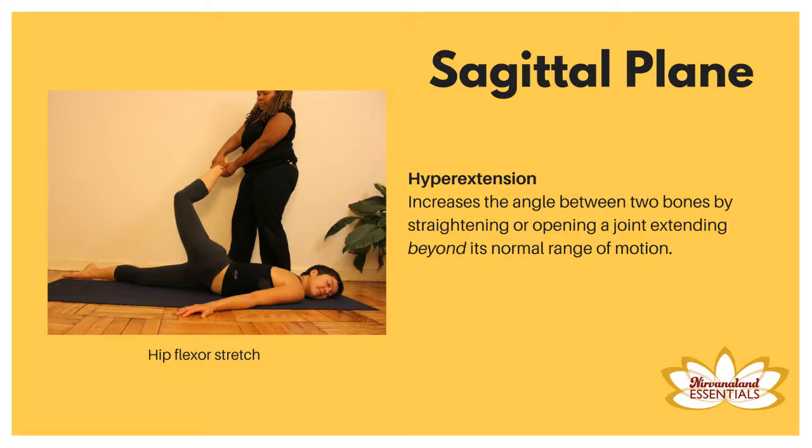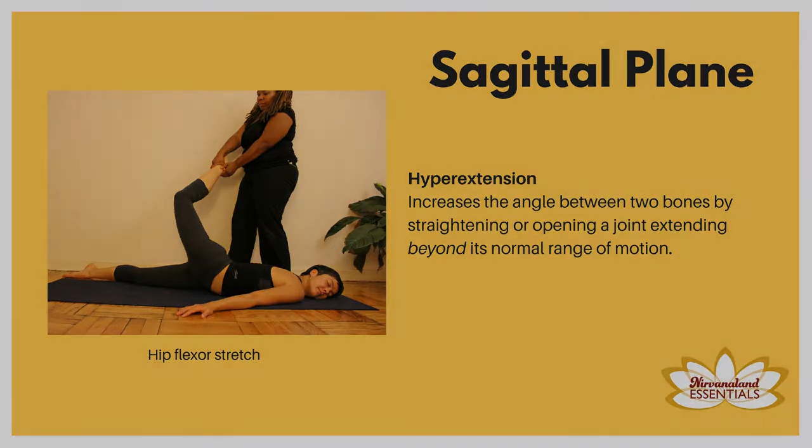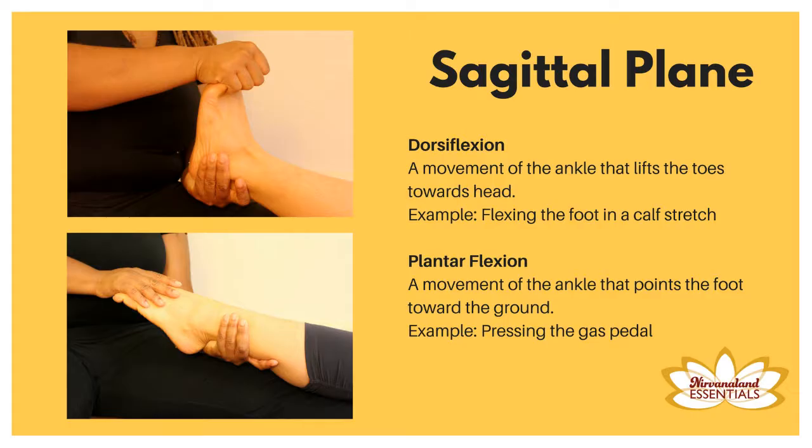Hyperextension increases the angle between two bones by straightening or opening the joint, extending beyond its normal range of motion. So in this picture, I show the client lying prone, which is face down, and doing a hip flexor stretch. Dorsiflexion is a movement of the ankle that lifts the toes towards the head.